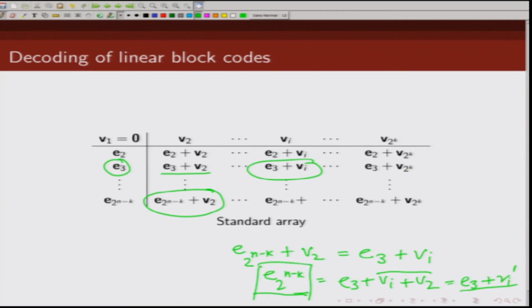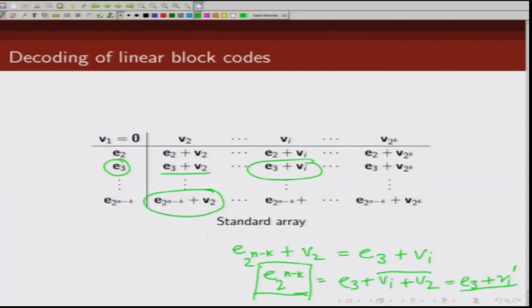Note what did we say? We are choosing these error patterns in such a way that in the previous rows this error pattern has not appeared. But here we have shown that if these two vectors in the standard array would have been same, then this error pattern is already there in the row containing e3. So, that means we cannot choose that as our error pattern here, because we can only choose an error pattern which has not appeared beforehand.